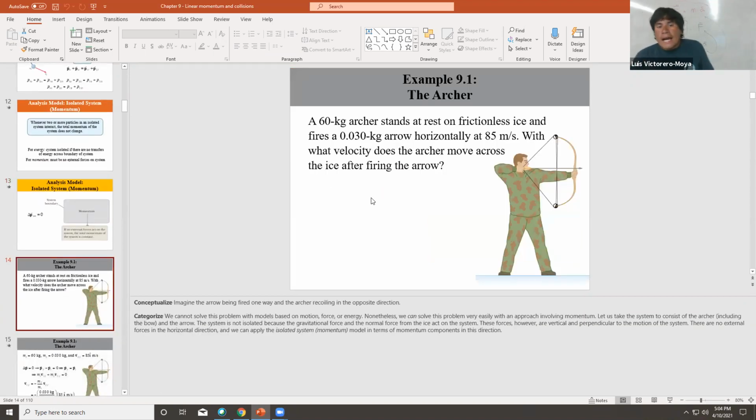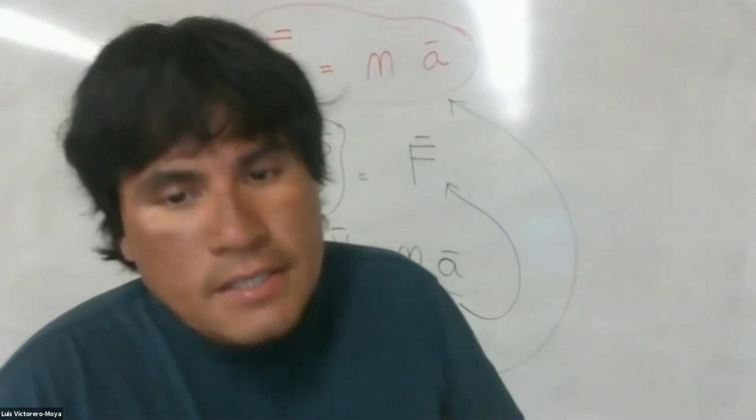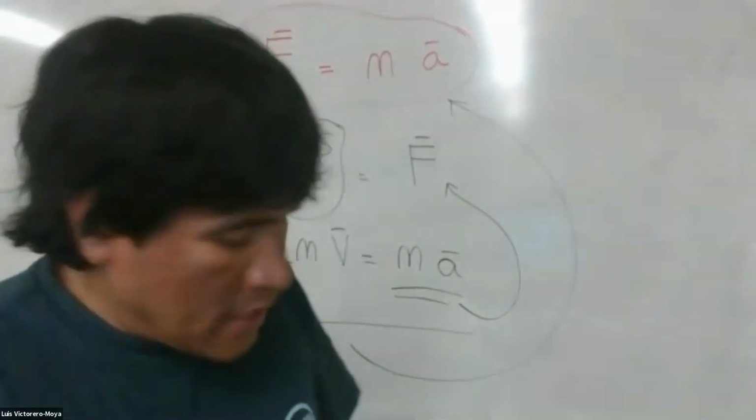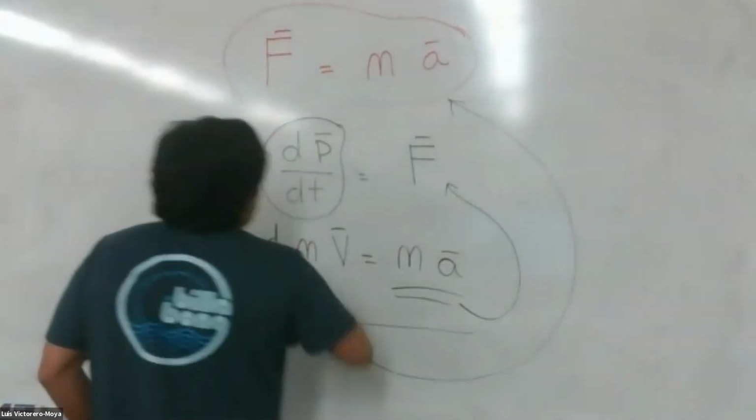Okay, a 60 kilogram archer is on frictionless ice, and he's going to fire an arrow with a certain speed. With what velocity will the archer move across the ice? That's a very typical example that you may get in a quiz.